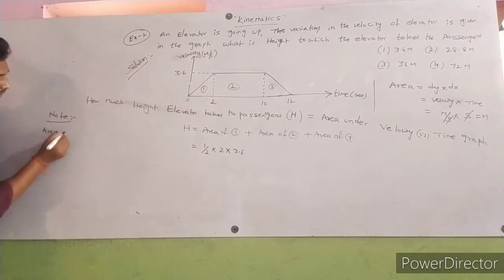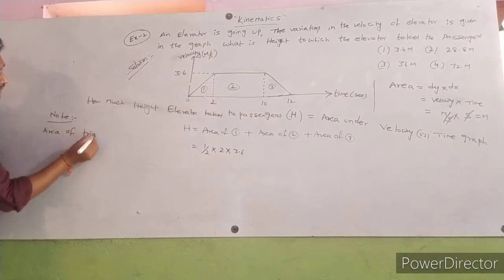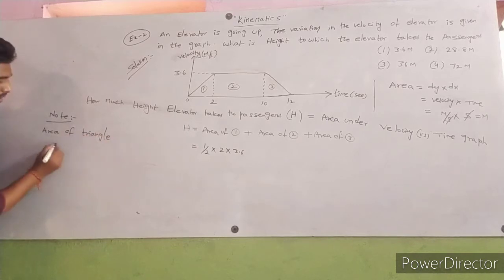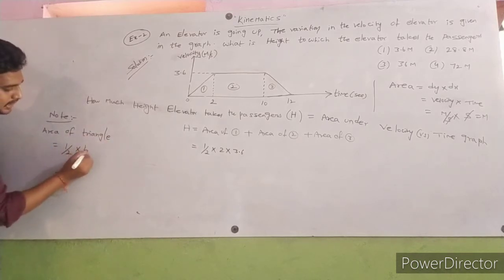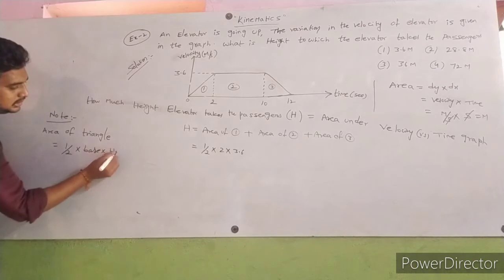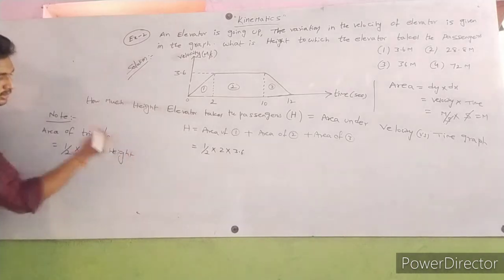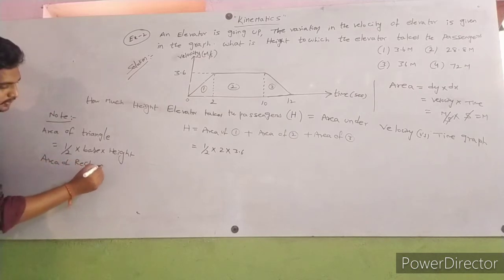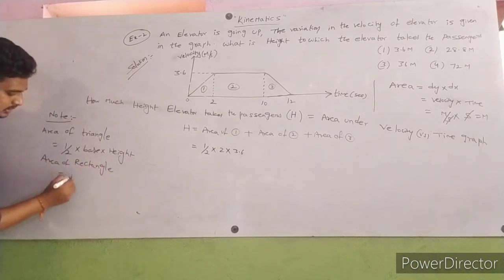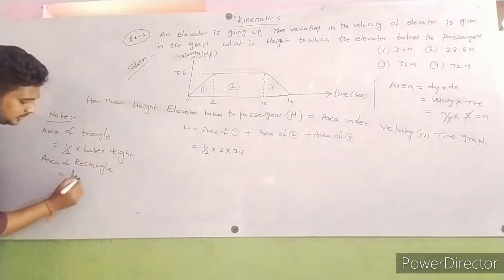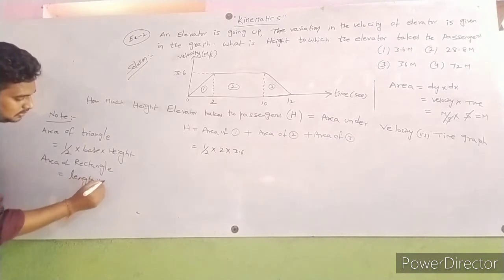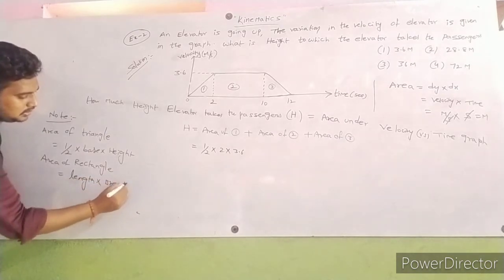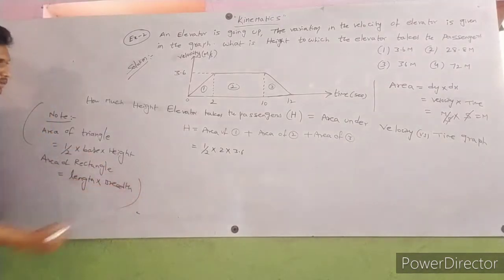Area of triangle: half into base into height. Area of rectangle: length into breadth.